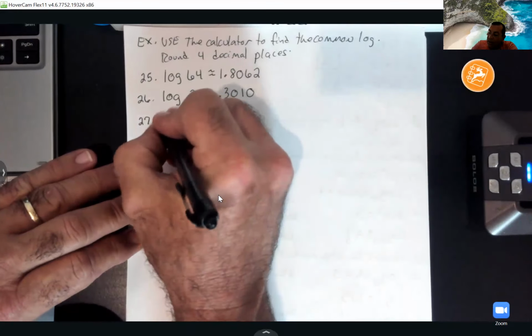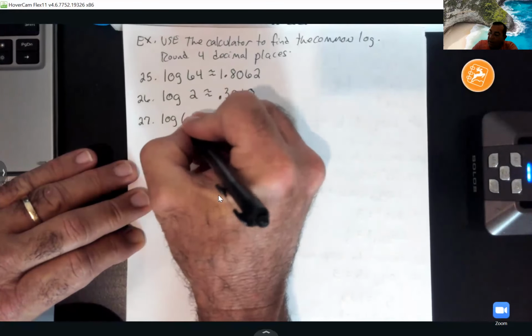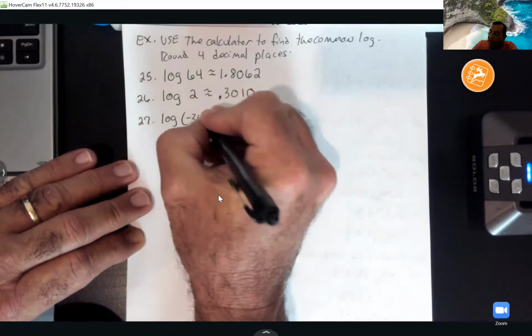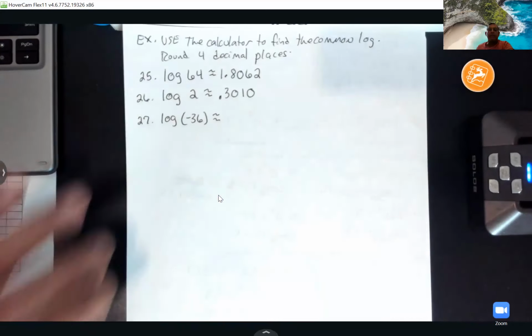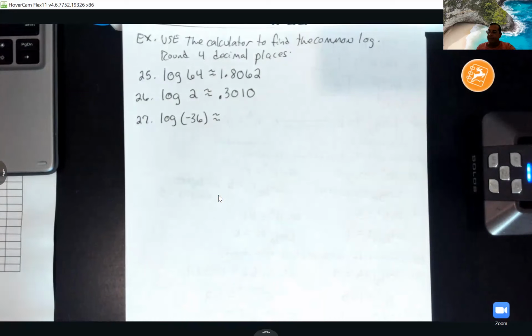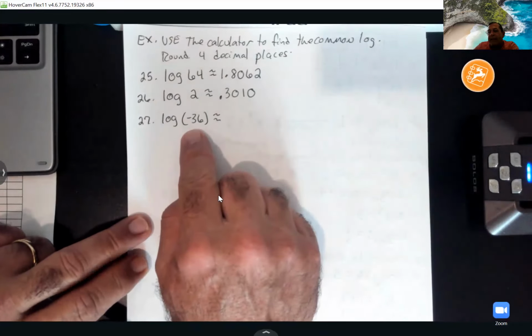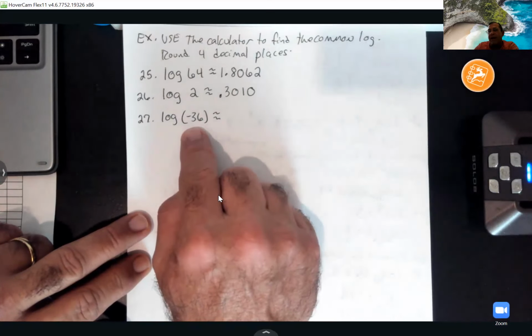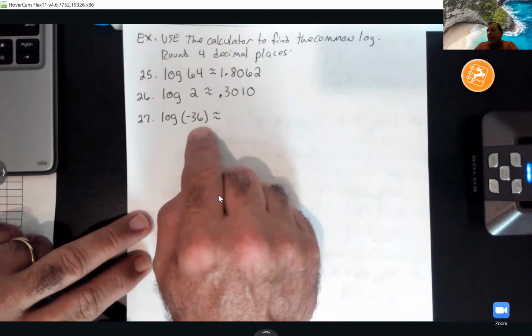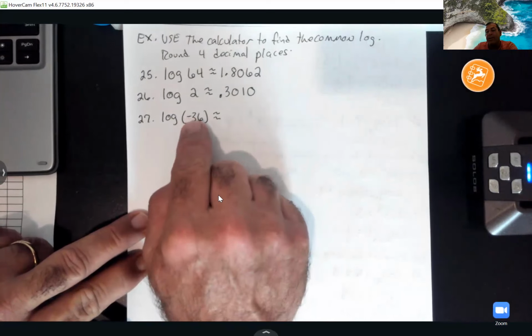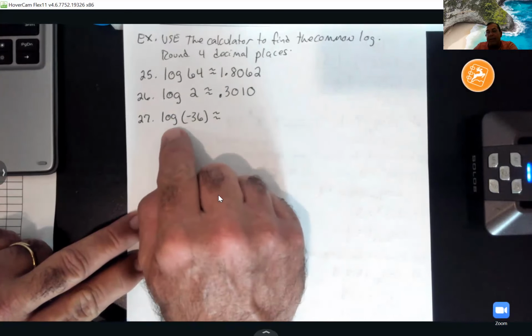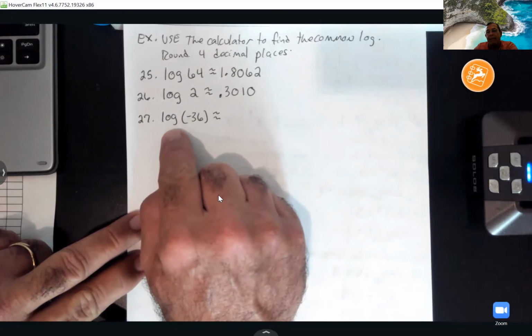So how about the log of negative 36? Now here's one of them negative x's when I was looking at the graph and I said, well, I can't do negative x's. Well, here's a negative x. Remember, this is a log base 10.